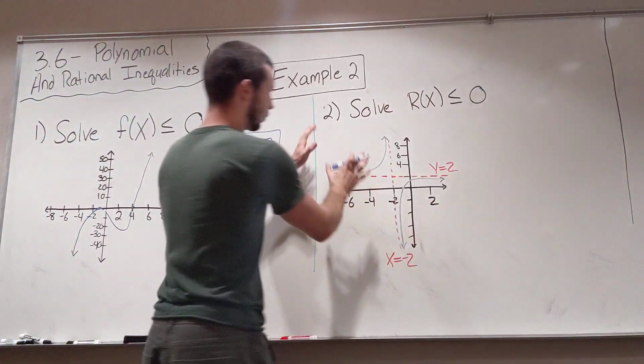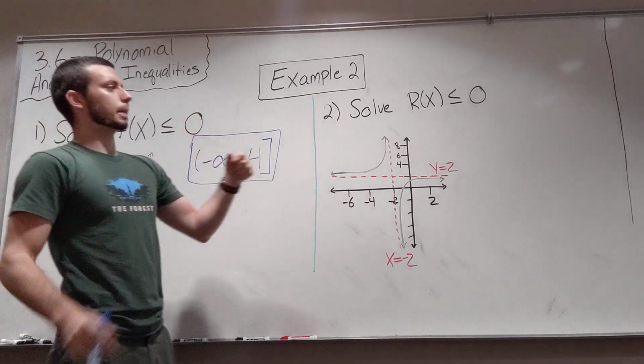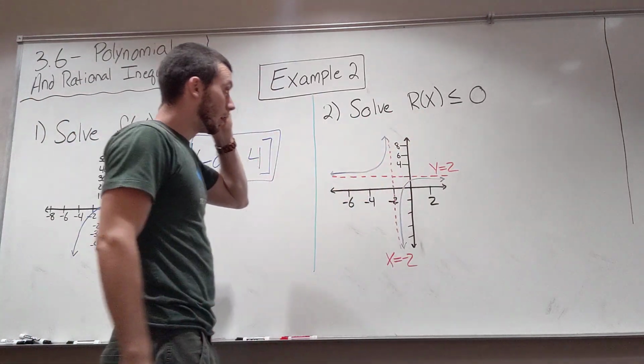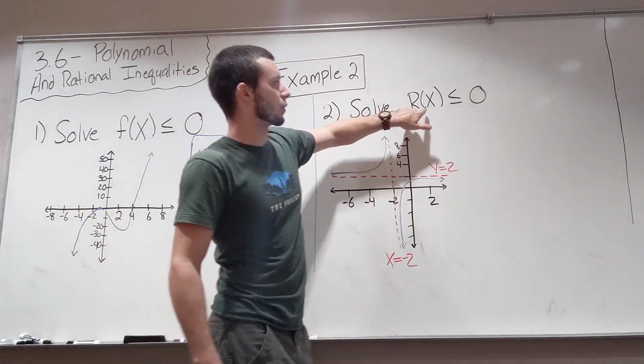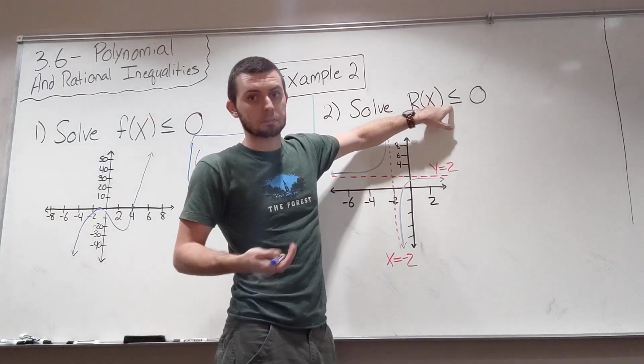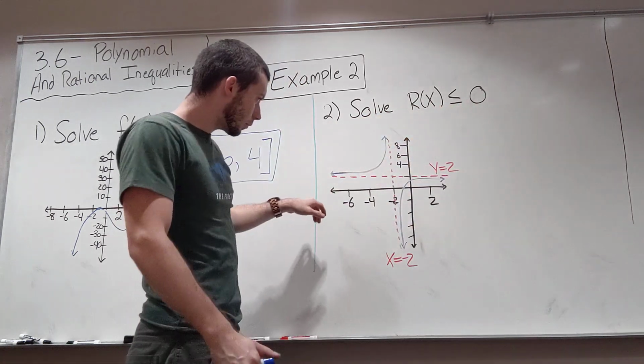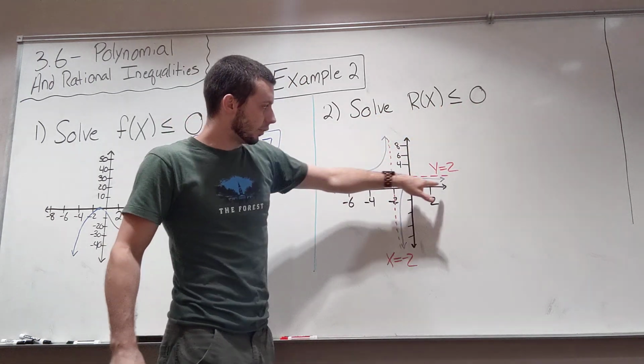But we will move on to problem 2 here, which is, well, the same idea, but now we have a rational function. And this wants us to determine when the rational function is, well, again, less than or equal to the x-axis. So here's the x-axis.